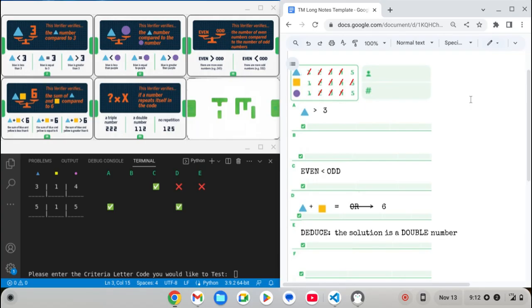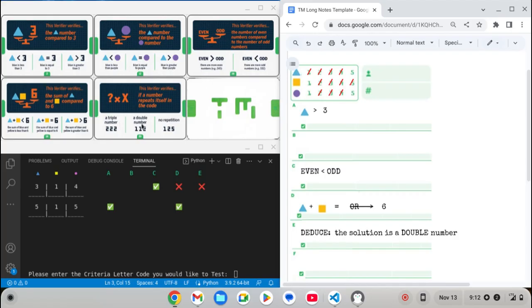Let's see. I'm not sure if there's anything between criteria card A and B that would let us, if triangle's greater than 3, oh, then yeah, circle has to be less than. Well, not necessarily. I wouldn't think so. You do have a pair.